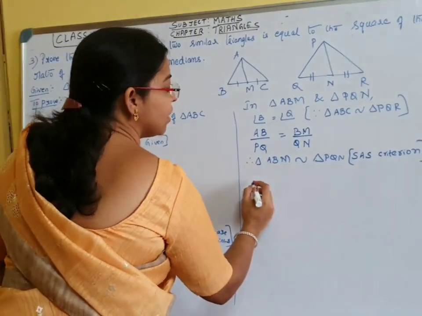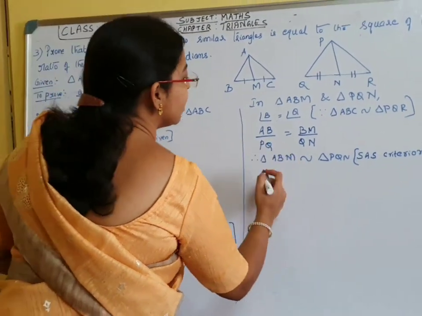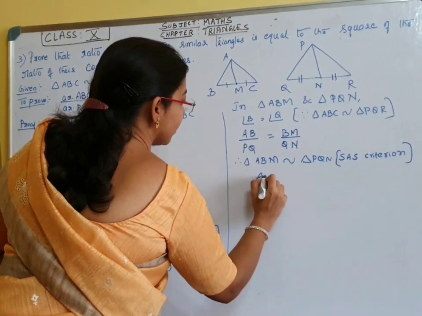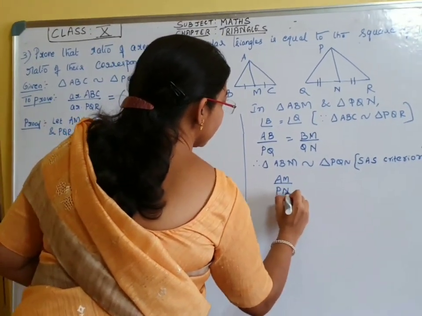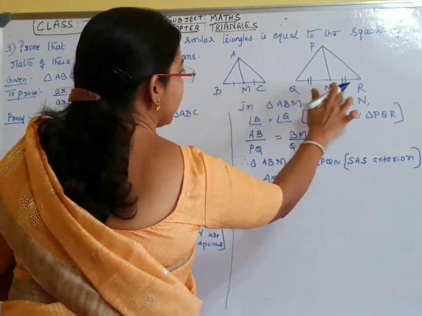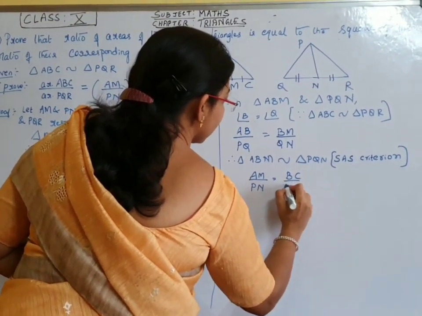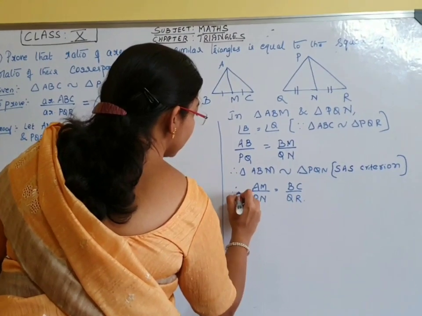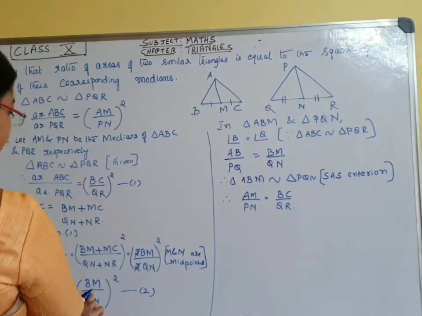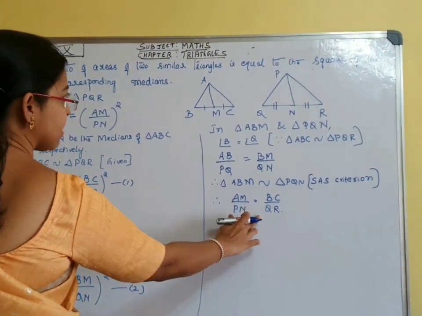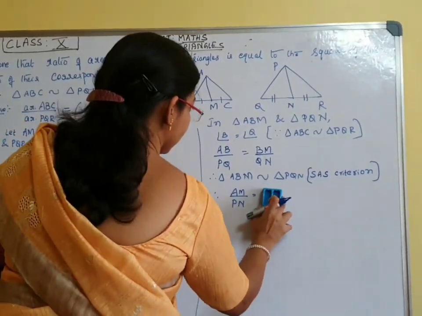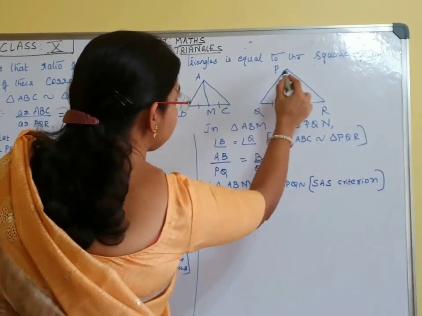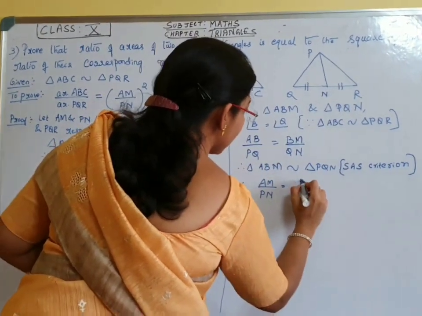Once it is similar, the corresponding sides are proportional. That is AM by PN is equal to BM by QN.